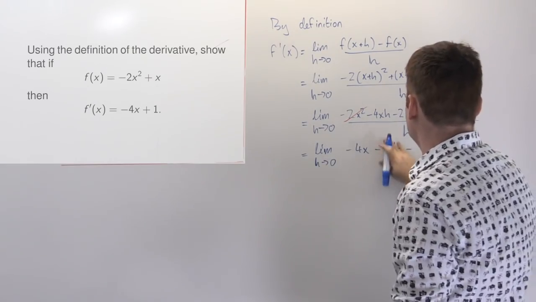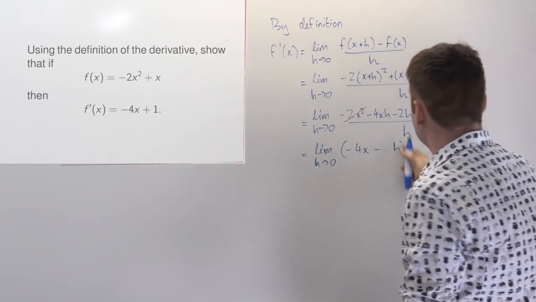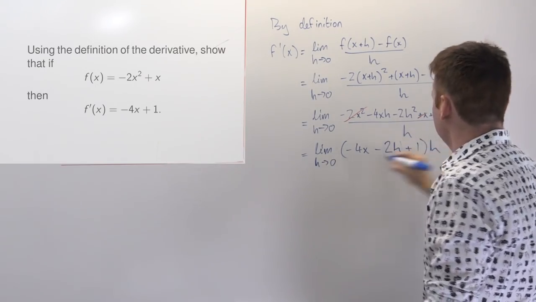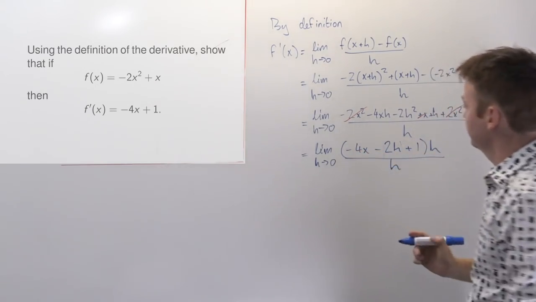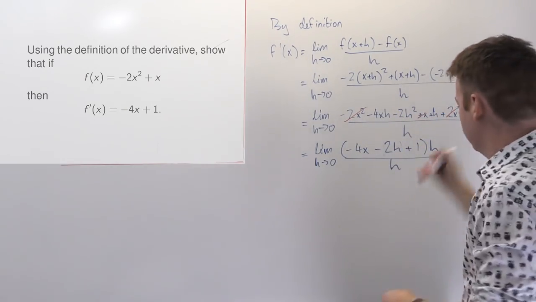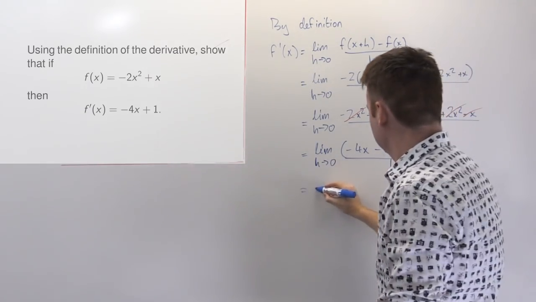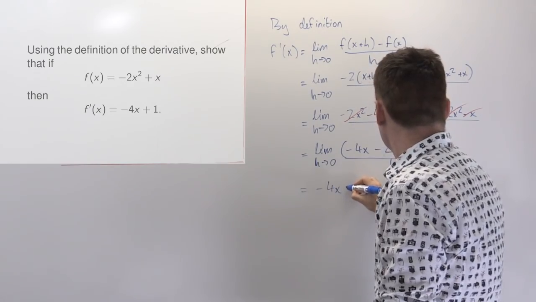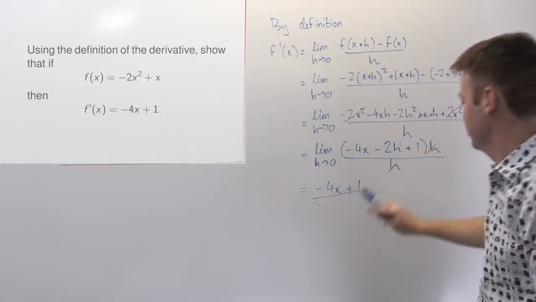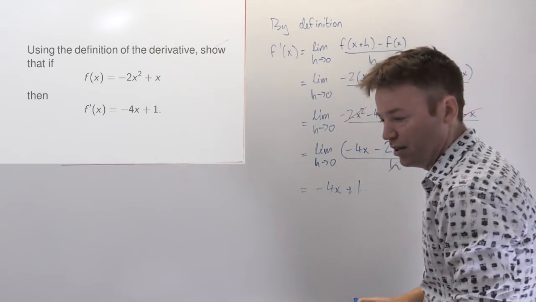Well, no, that's -2h squared. So that is (-2h plus 1) times h, all over h. So the -4xh, that one, and then I can just set h to be equal to 0, and I get -4x plus 1, which is exactly what I was hoping to get.